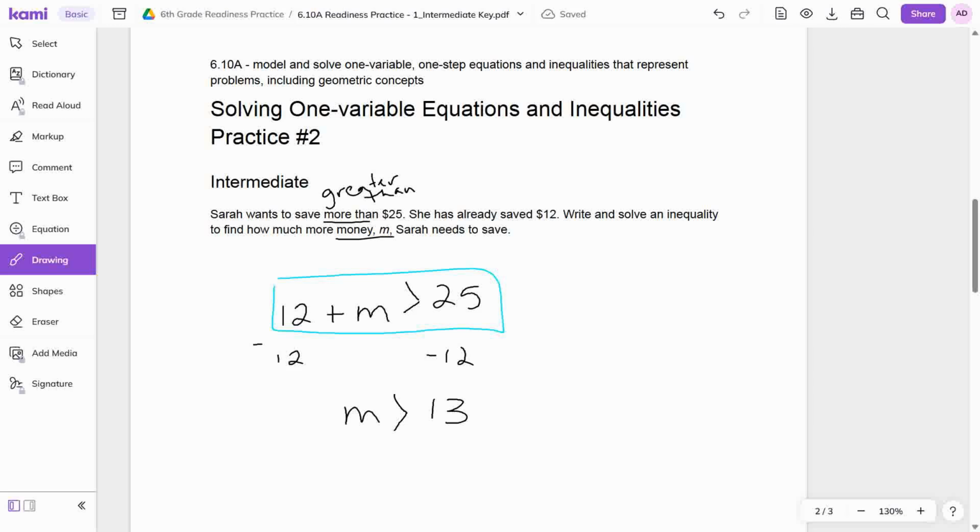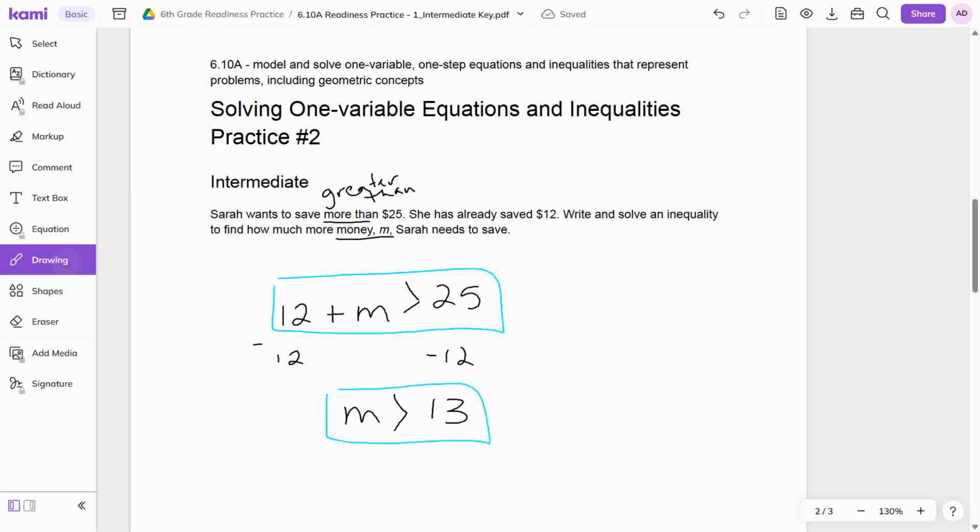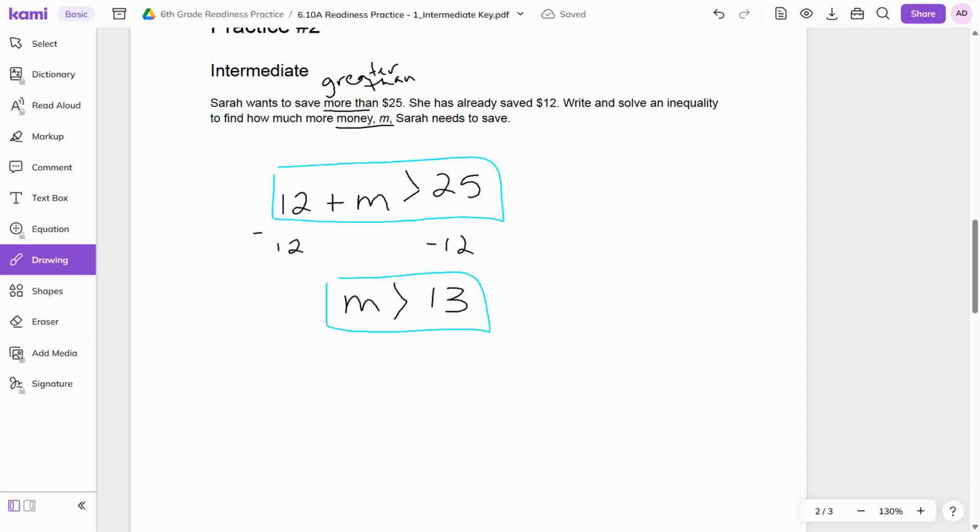As if she were to get $13, 13 plus that 12 is going to equal 25. So that's right on that edge. We just need to get a little bit above 13 in order to get what she needs. So as long as she gets greater than 13, we're going to be good to go. If she wanted 25 exactly, it would have equaled 13.